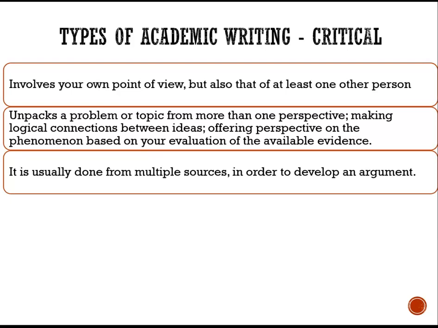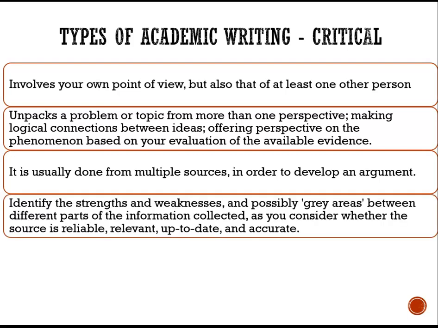It is usually done from multiple sources in order to develop an argument, and it also identifies the strengths and weaknesses and possible gray areas between different parts of information collected, as you consider whether the source is reliable, relevant, up to date, or accurate.